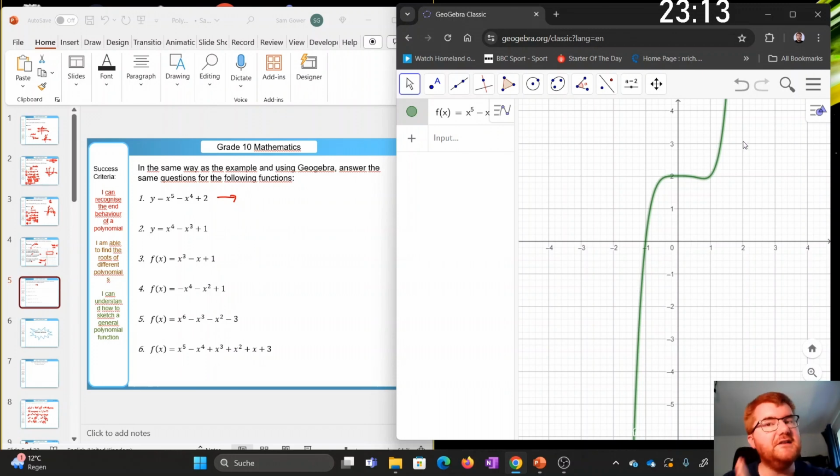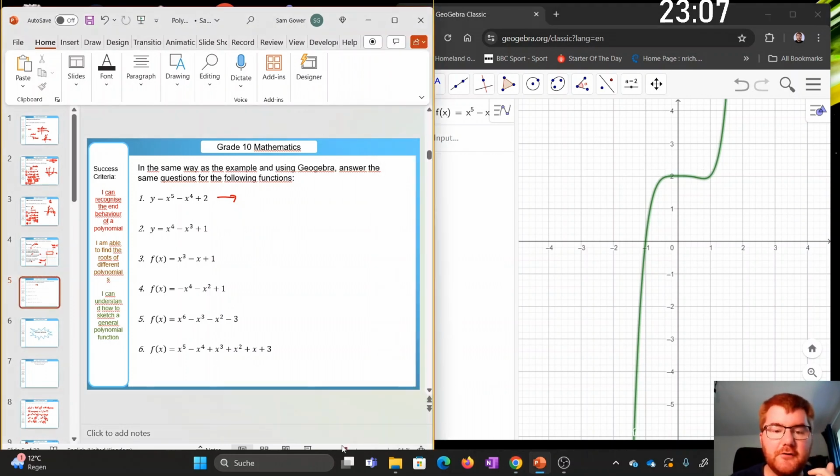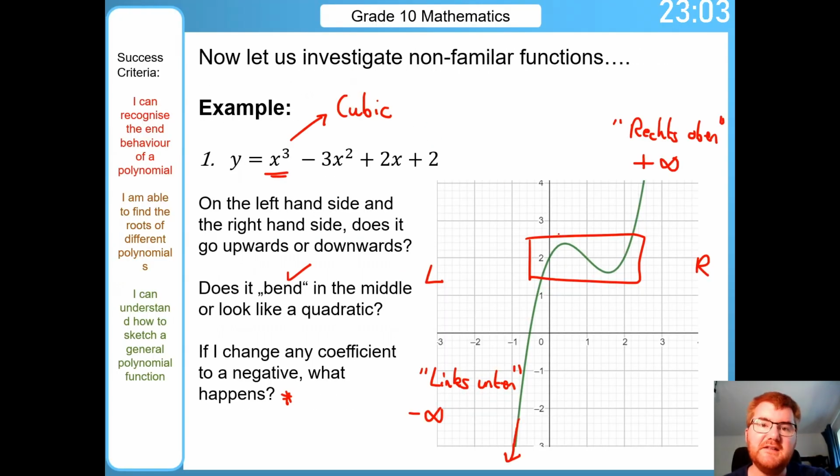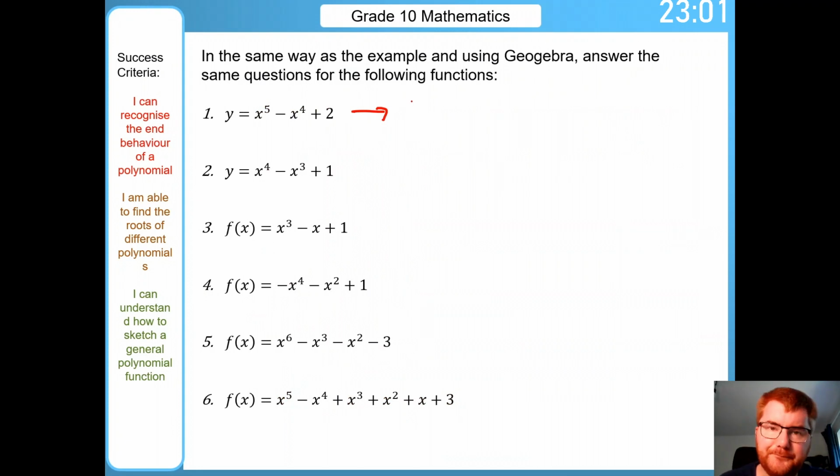On the right-hand side, it's going to plus infinity. And we have this bend in the middle as well. So actually, this first function that we have here actually works in a very similar way to this function. So we have this left minus infinity, right plus infinity, and we have a bend.